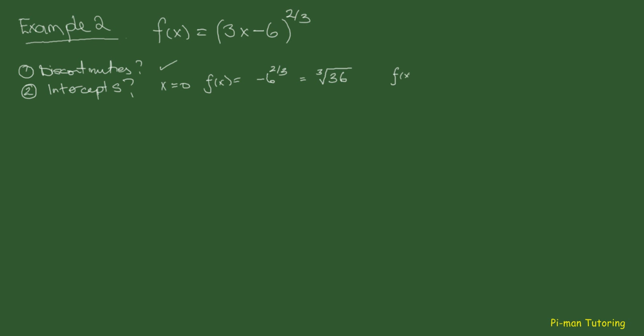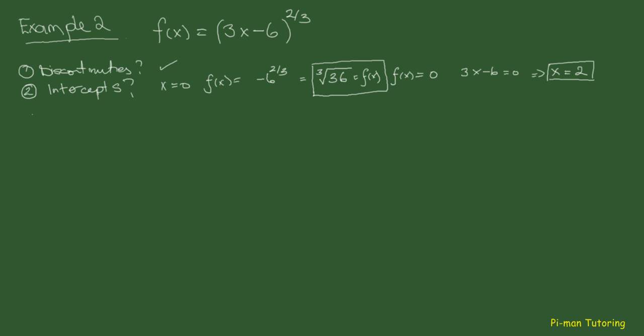So that's where f of x is equal to 0. And for that we need 3x minus 6 to be equal to 0, which implies that x is equal to 2. So we have one intercept at x equals 2, and the other is where f of x is equal to the cube root of 36.